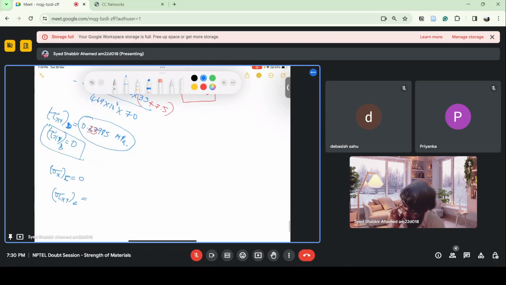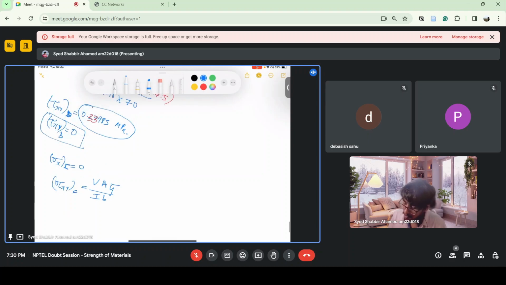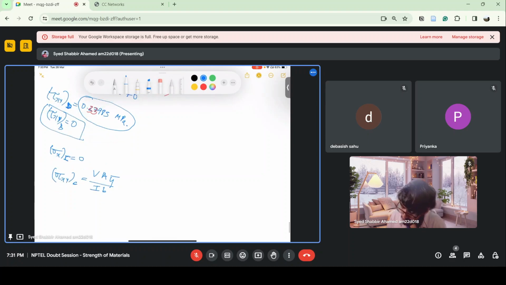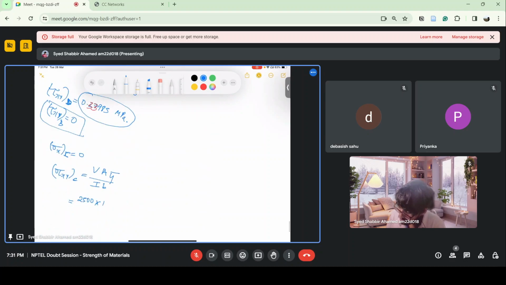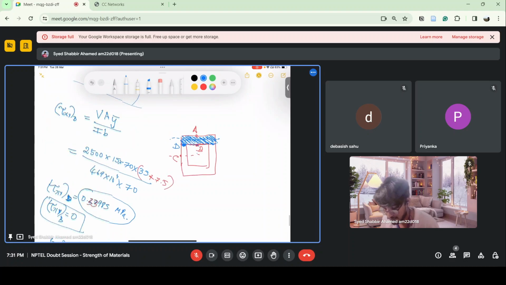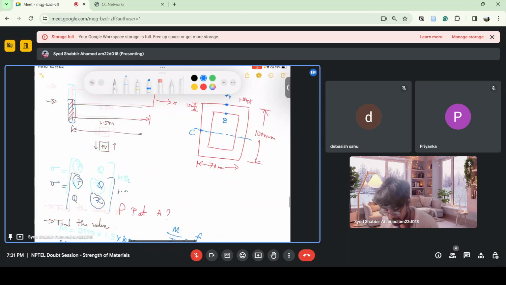Now we have to go into the calculation again. It is V A y bar by I. So here we have to calculate the y bar. Area is something like 2 into 15 into what is the total depth, 100, right?